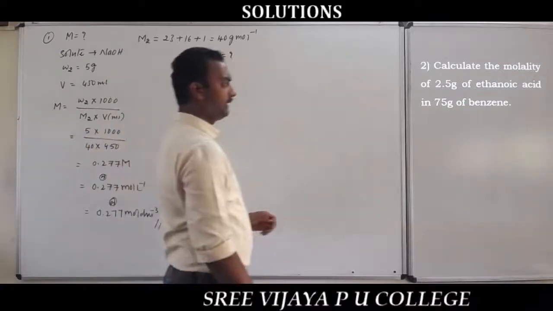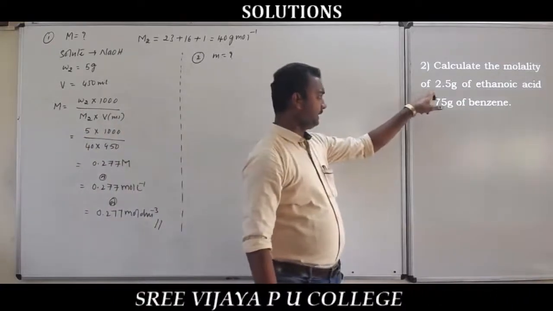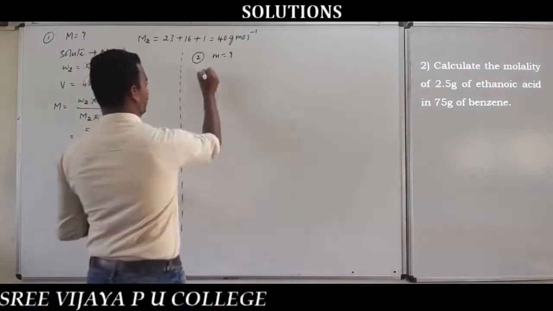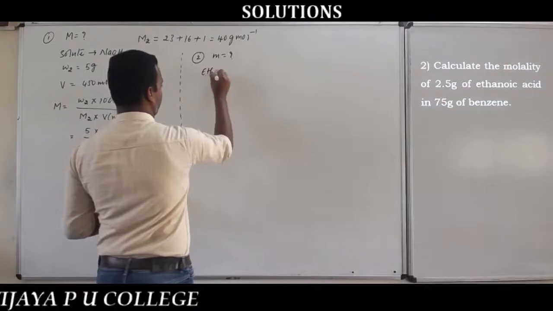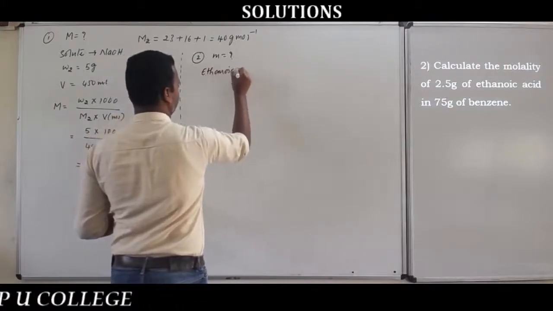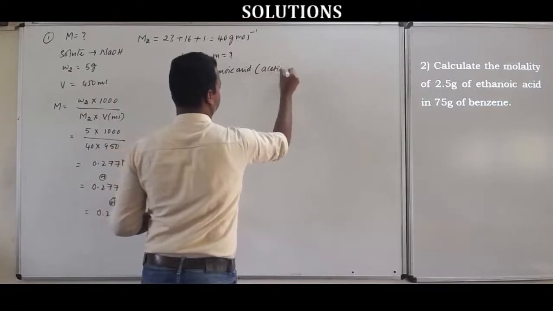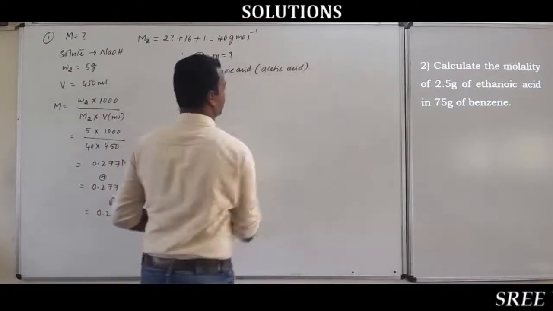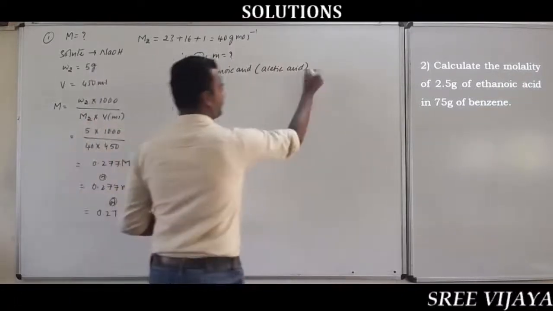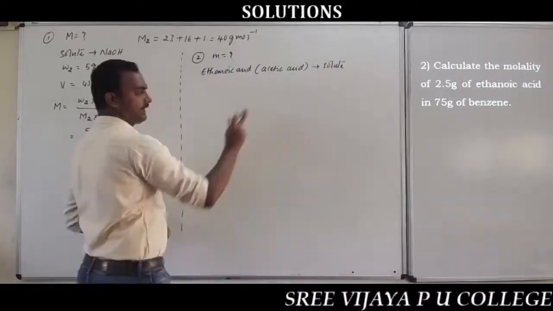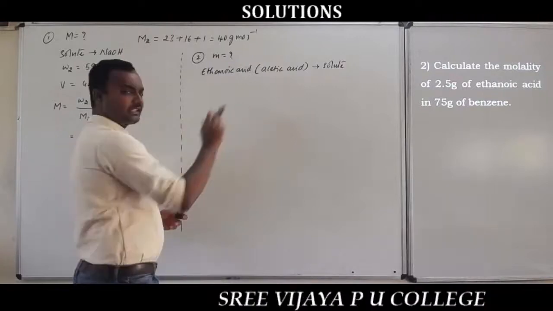That is the molality of 2.5 gram of ethanoic acid, they have said. Ethanoic acid is nothing but acetic acid. So that acts as a solute here. And 75 gram benzene, benzene acts as solvent.